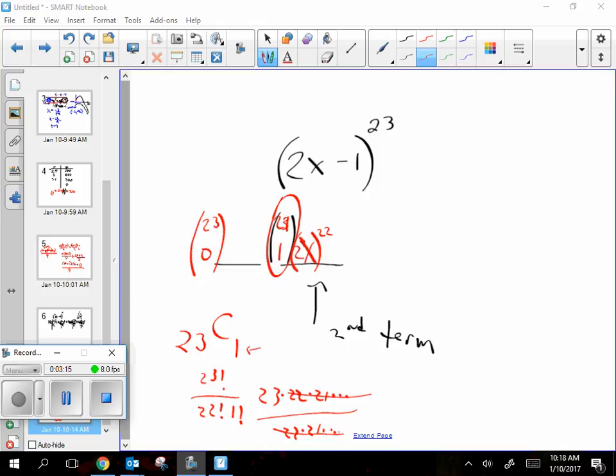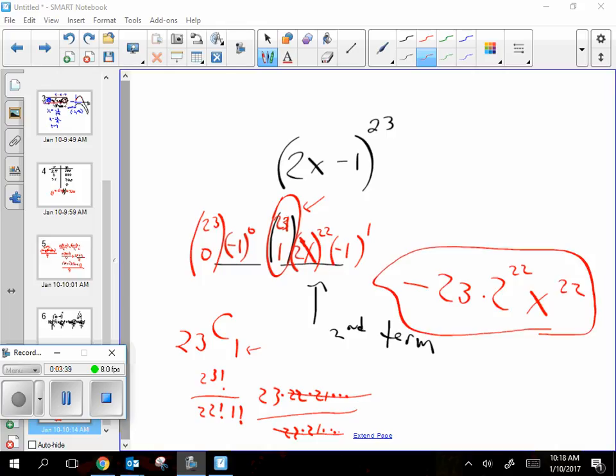And then the last thing is really just going to make it negative or positive, and it's a -1. You start here with -1 to the 0, so this must be -1 to the 1, and that means it is negative. So you should have had negative, and then this part was 23 times 2 to the 22nd, x to the 22nd. I get that little multiplication there is just a little too hard. Raise your hand if you were able to get that one.